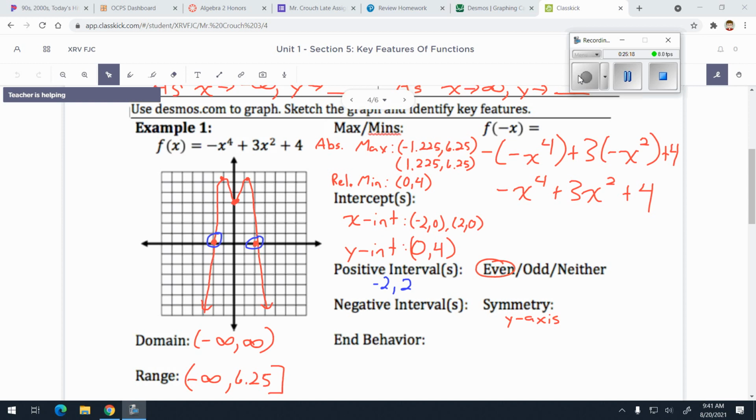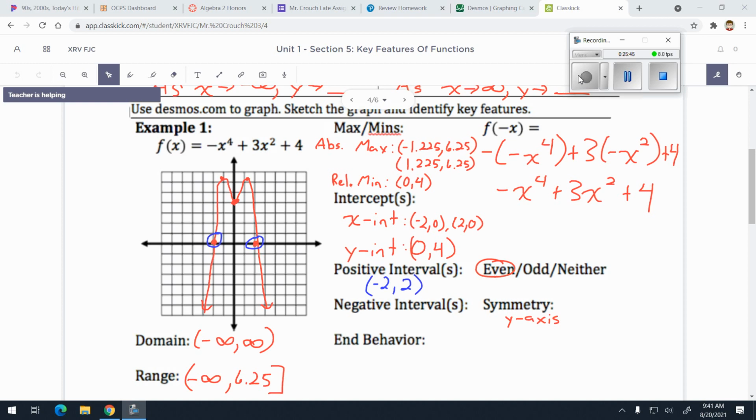Would I put brackets or parentheses around those numbers? Why? Yeah, negative 2 and 2 are 0. 0 is nothing. It's not positive, it's not negative. It's 0. It's neutral. It's Switzerland. Whatever you want to call it. Okay?